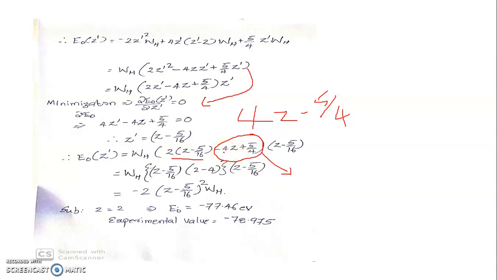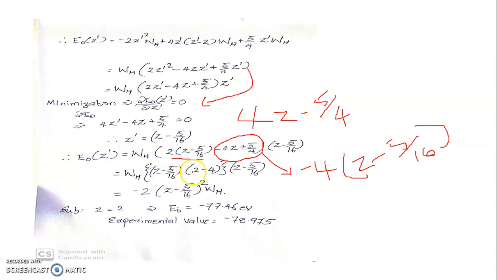Suppose I am taking minus 4 out of this one. So minus 4 into these two terms, minus 4 into Z minus 5 by 16. Exactly, it is minus 4 into Z minus 5 by 16. And after writing this, I have taken Z minus 5 by 16 out.